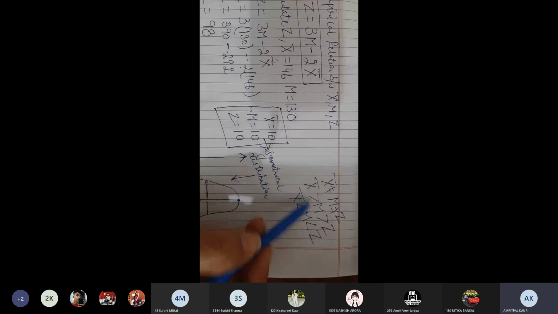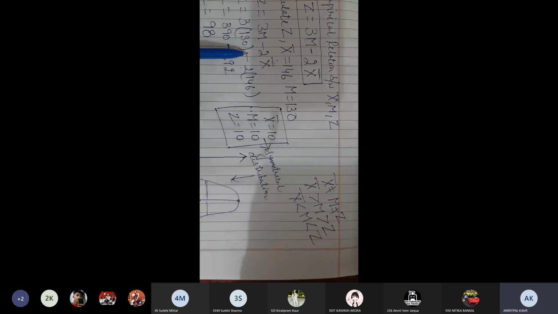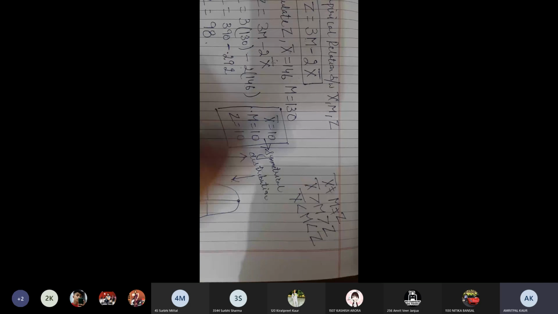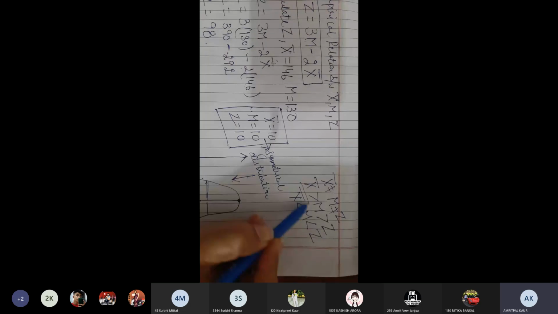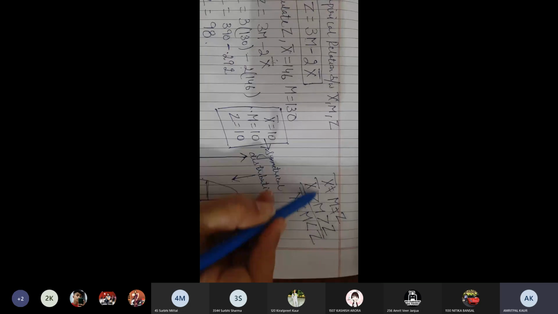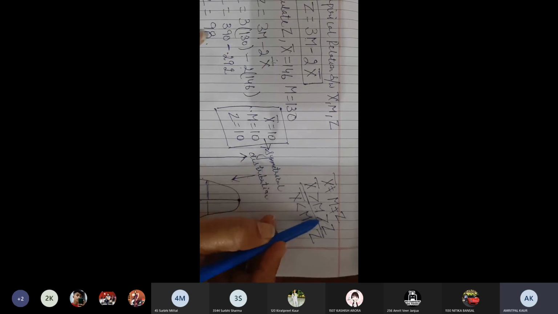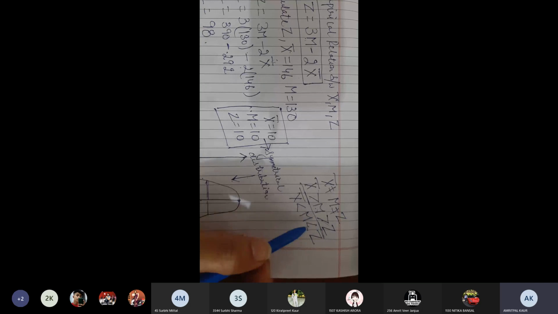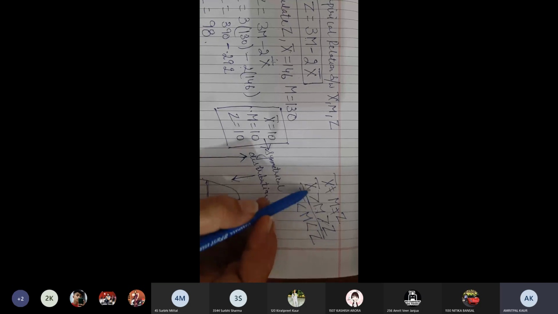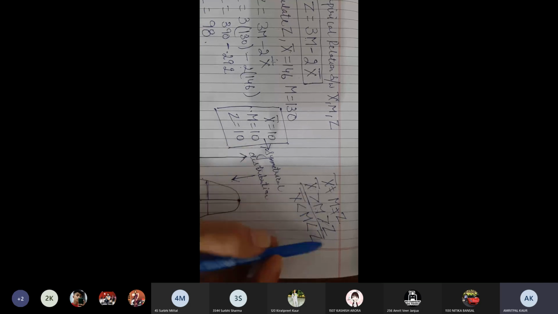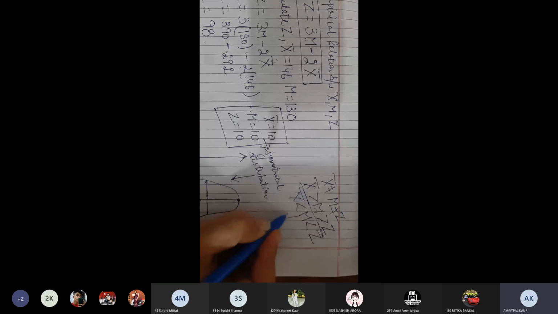Like in this numerical we have solved, 146, 130, 98, mean is 146, which is greater than median 130, and 130 is greater than mode, which is equal to 98. So sometimes there can be a distribution where mean, median, and mode are not equal. We call it an asymmetrical distribution.